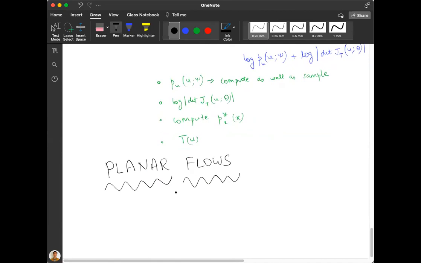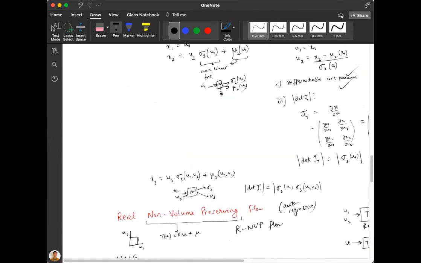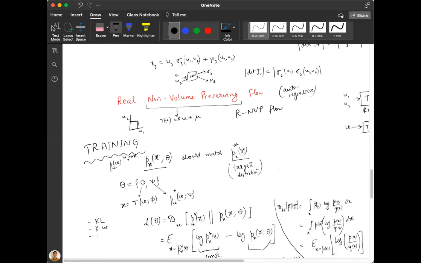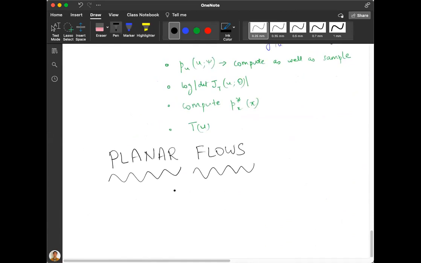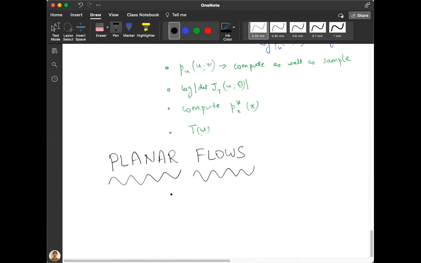What changes is the transformation T. Let's say you have U, which gets transformed to X. So your X is equal to T(U).